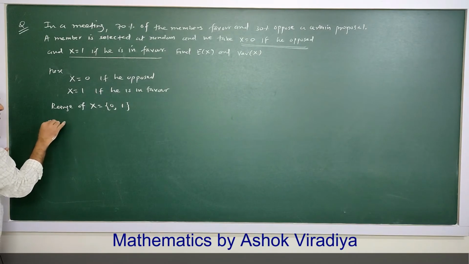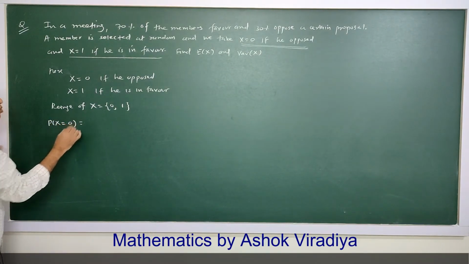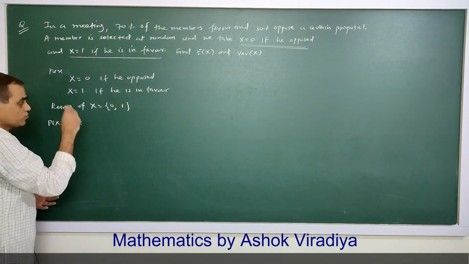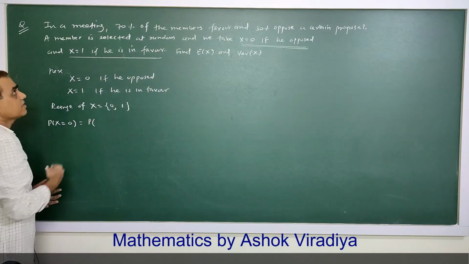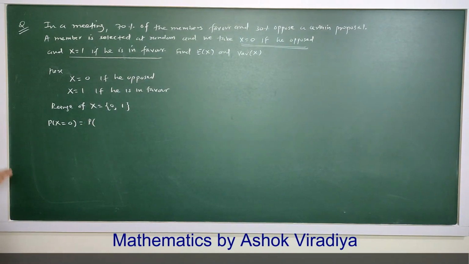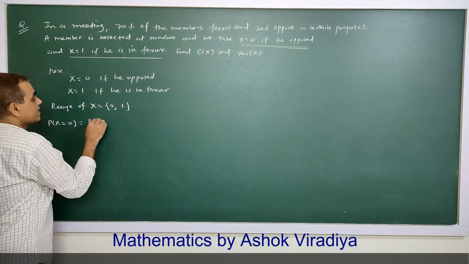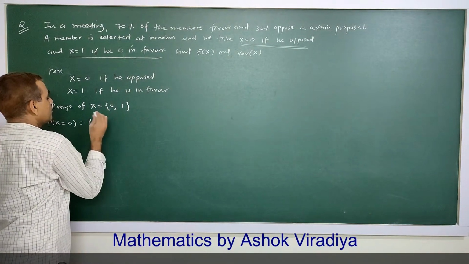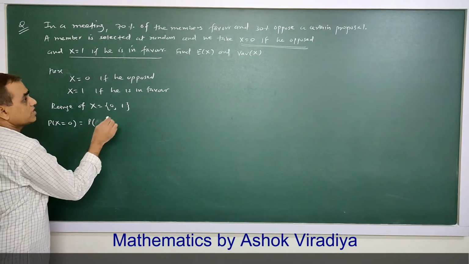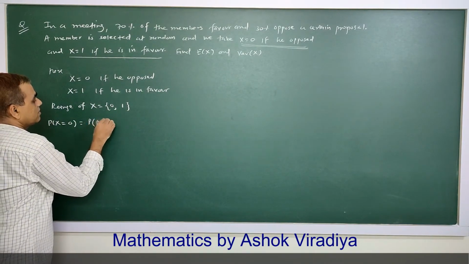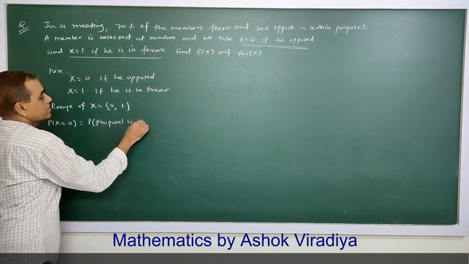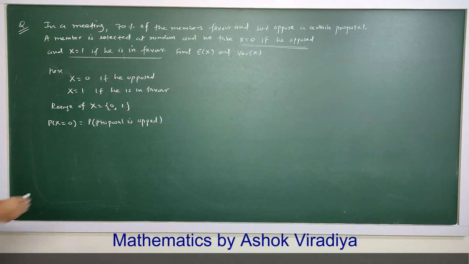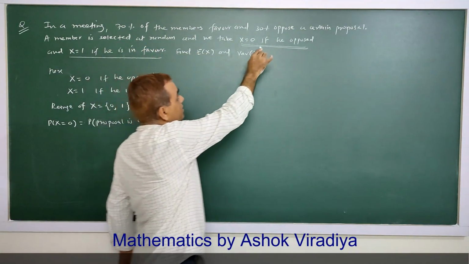Now the probability that x takes value 0 means the probability that he opposed the proposal, that is, the probability that the proposal is opposed.